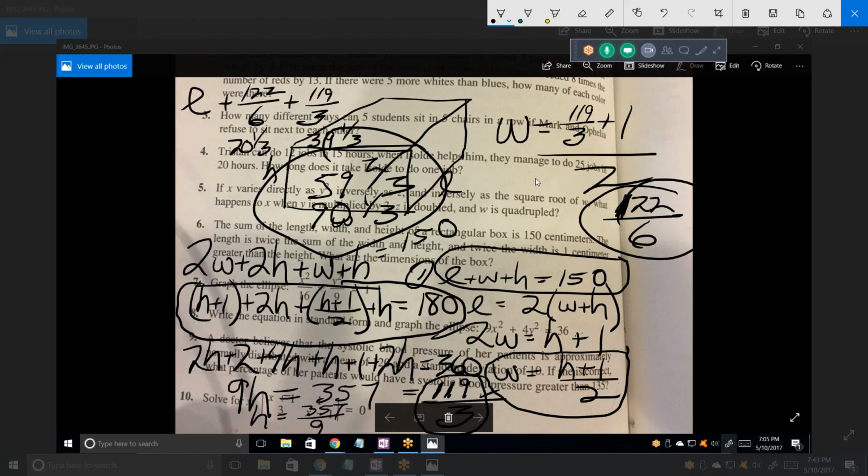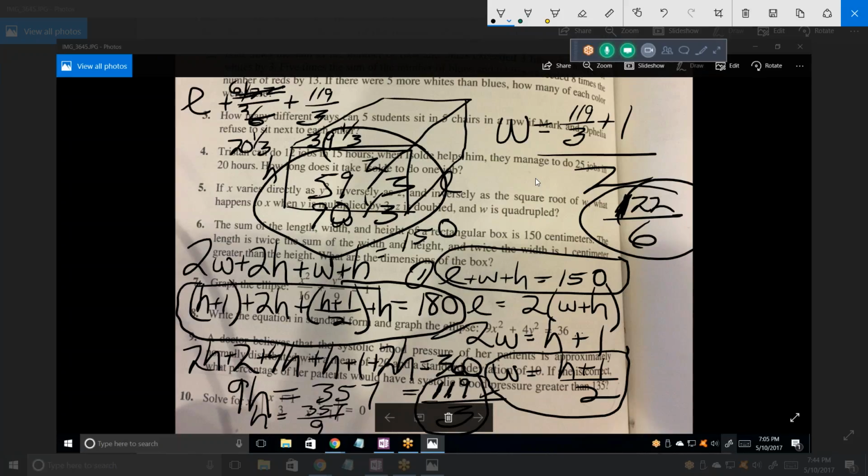I got W equals 61 thirds, and then the length equals 244 thirds. Because I'm adding 122/6 plus 61 thirds, multiplying that by 2. Now, hold on. 122/6 is 61 thirds. That's where you got your 61 thirds from.